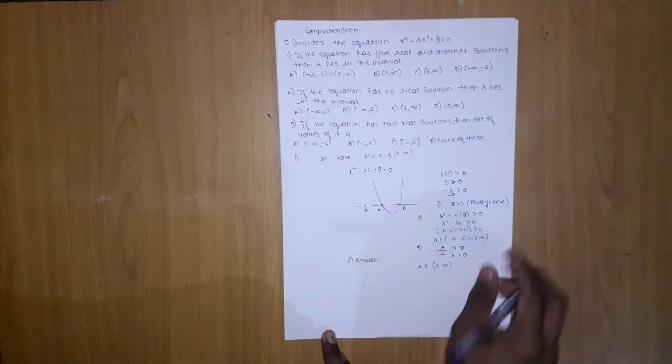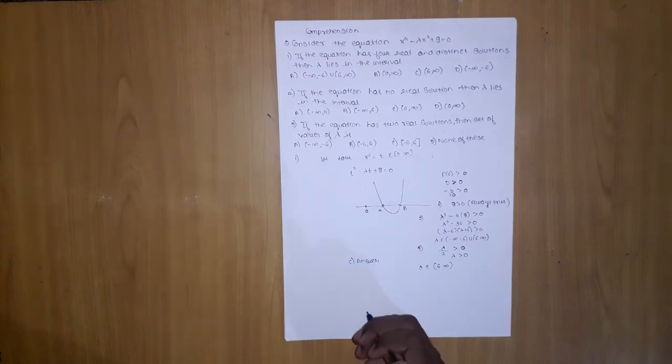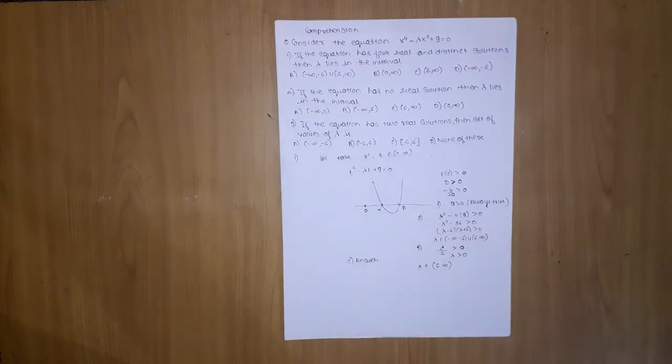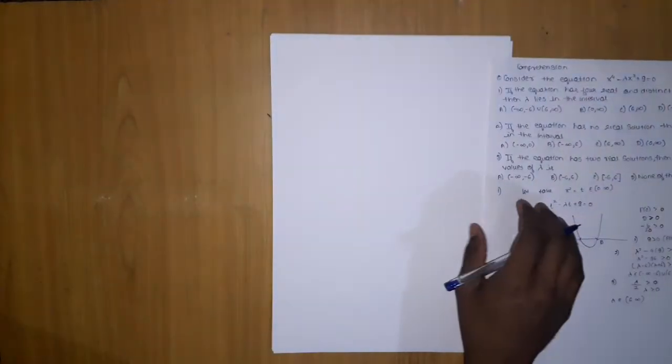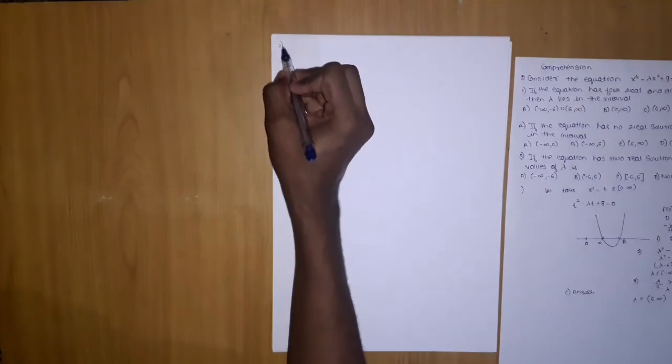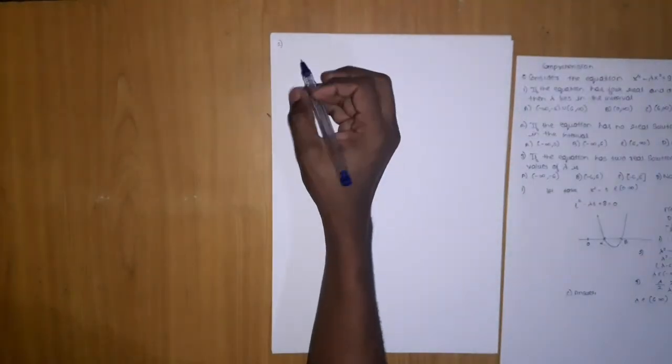Now let's move on to the second question: if the equation has no real solution, then lambda lies in the interval. So how will we do this one? Let's see what approach we can take.